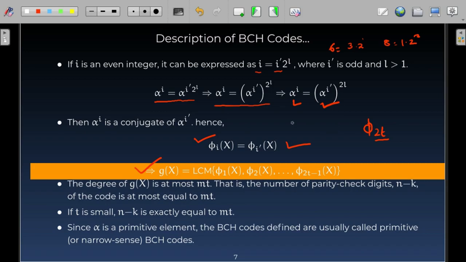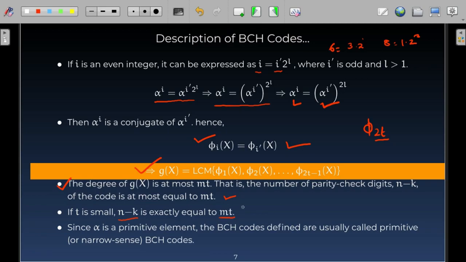Okay, so the degree of g(x) is at most equal to m times t. That is, the number of parity check digits n minus k of the code is at most equal to m times t. Otherwise, it's generally less than or equal to this value. If t is small, if the error correcting capability of the code is small, then n minus k is exactly equal to mt.